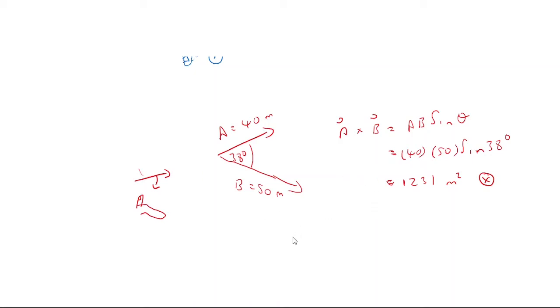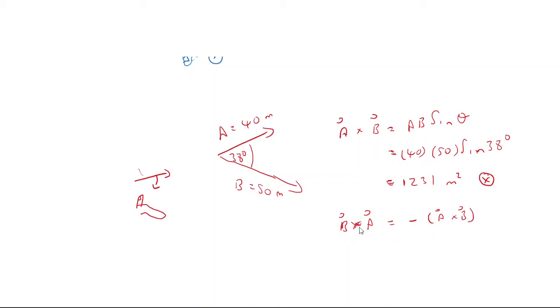Another thing that I want you to note before I leave is what happens if you want B cross A. You'll find that this is going to be the negative of A cross B, meaning that the magnitudes are going to be the same, but the directions are going to be opposite each other.